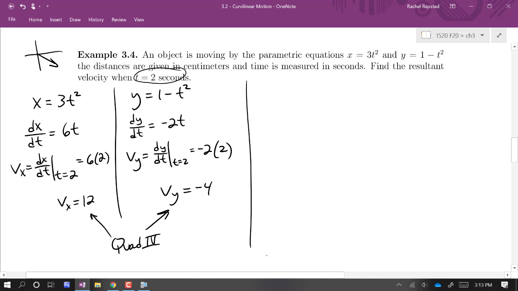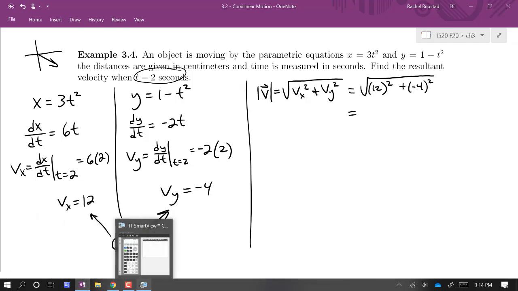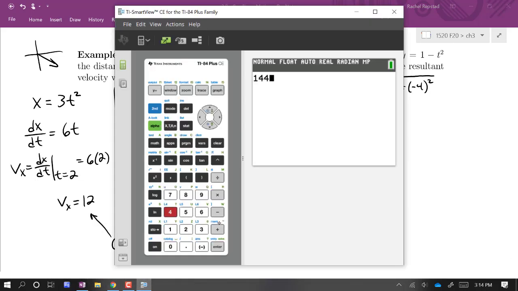So now the calculus has brought me as far as it's going to bring me. Now I'm going to put everything together using Pythagoras and arctan. The magnitude is given by the square root of the sum of the squares of the components. Let's see, 144 plus 16 is 160.